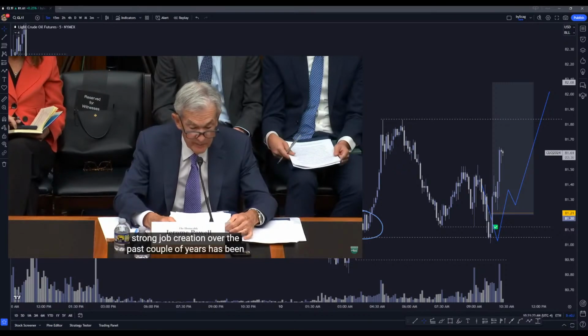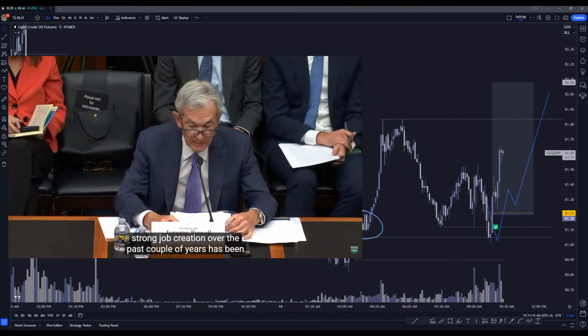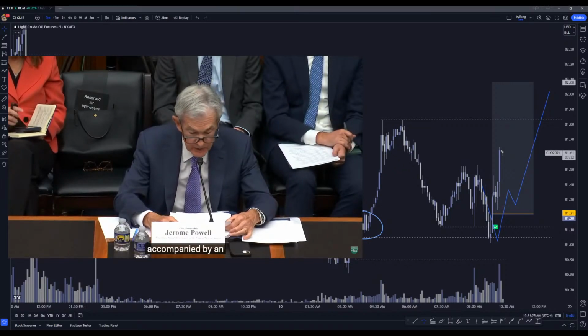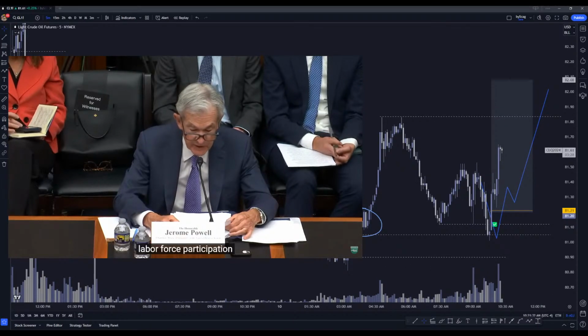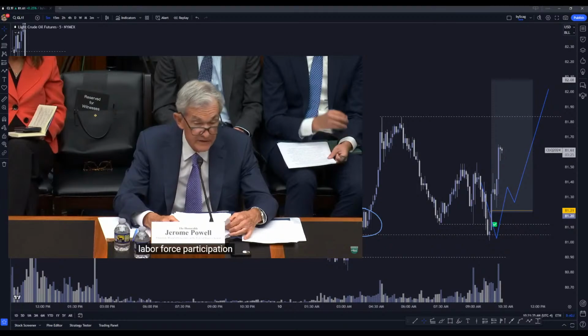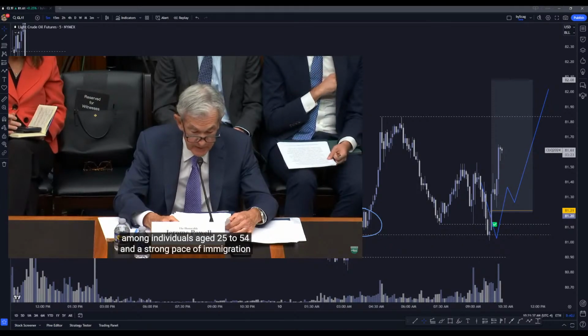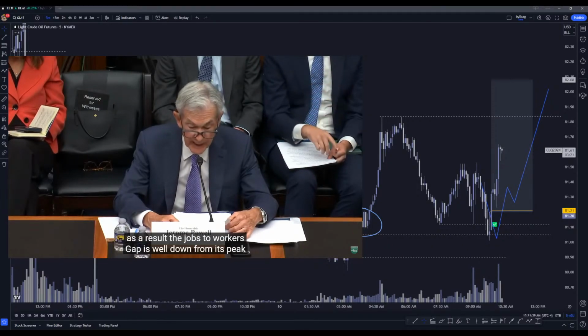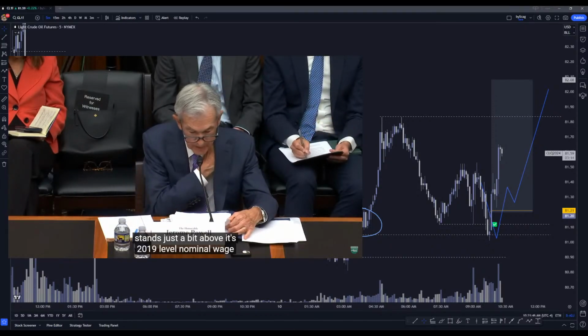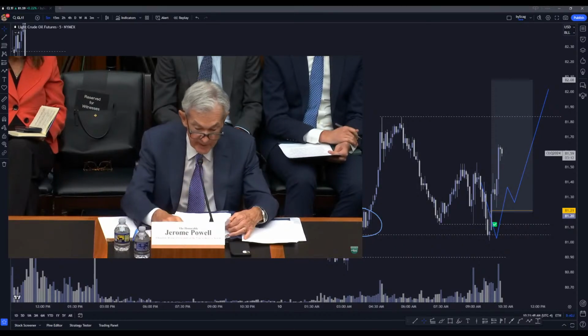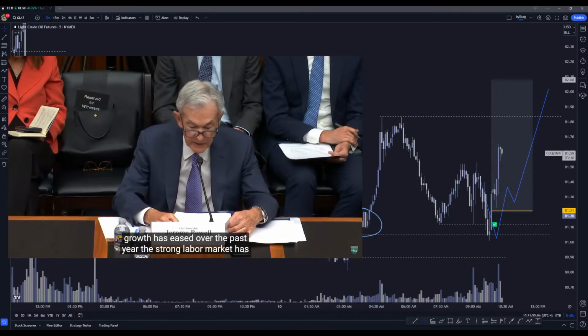Strong job creation over the past couple of years has been accompanied by an increase in the supply of workers, reflecting increases in labor force participation among individuals aged 25 to 54 and a strong pace of immigration. As a result, the jobs-to-workers gap is well down from its peak and now stands just a bit above its 2019 level. Nominal wage growth has eased over the past year. The strong labor market has helped narrow long-standing disparities in employment and earnings across demographic groups.